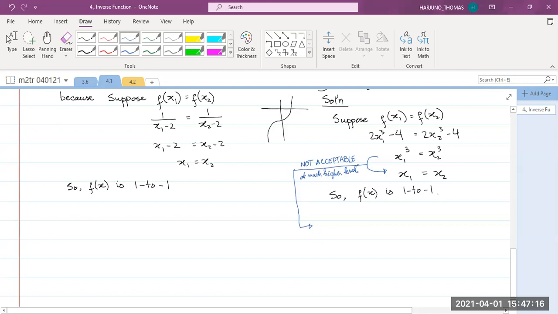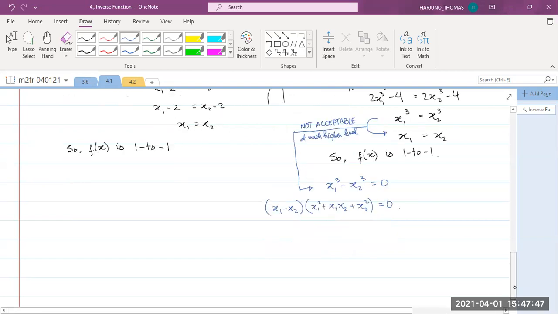Okay, it's way beyond the scope of our class, but let me show you the way it's supposed to be done. You're supposed to set it equal to 0 and then solve it from there by factoring. So this is (x1 minus x2) times (x1 squared plus x1 x2 plus x2 squared) equals 0.